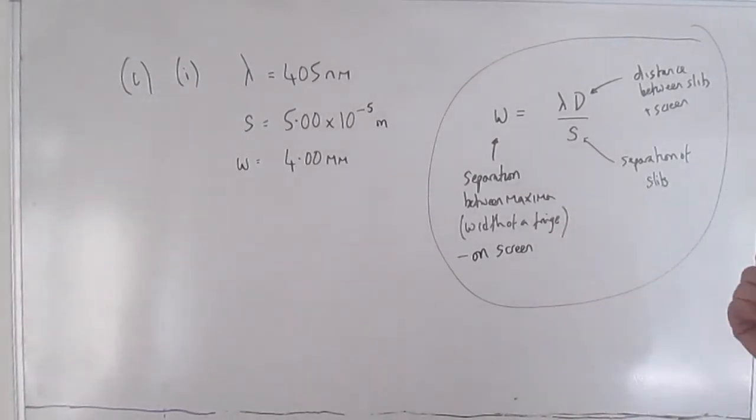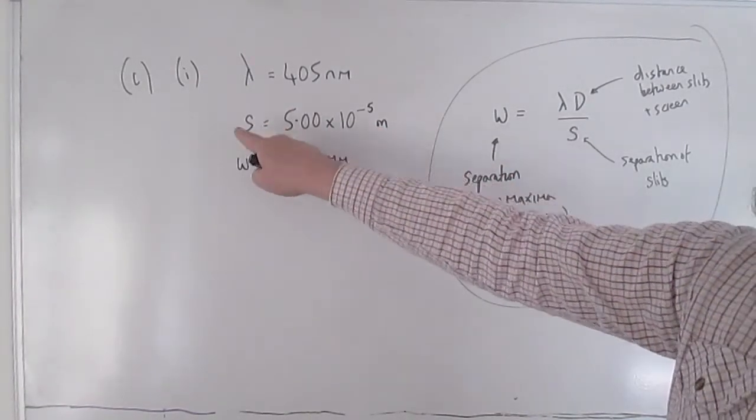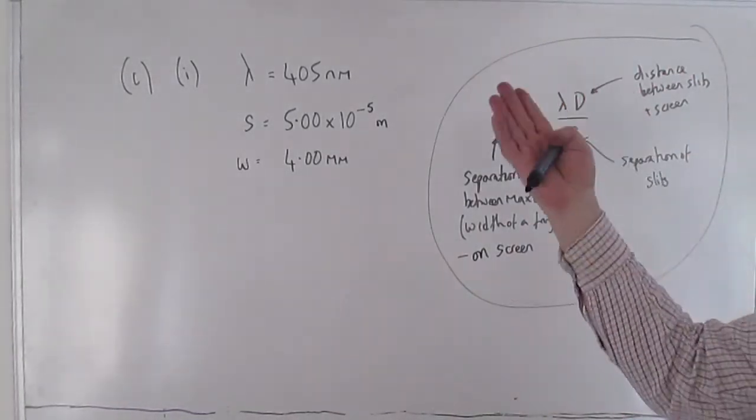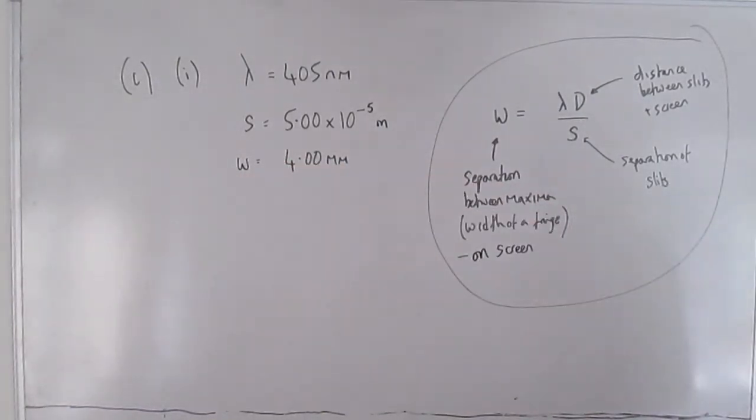So it tells you that the slits are separated by 5 times 10 to the minus 5 meters, so that's S, and it tells you that the separation between the centres of two bright fringes, so that's W, is 4 millimeters.